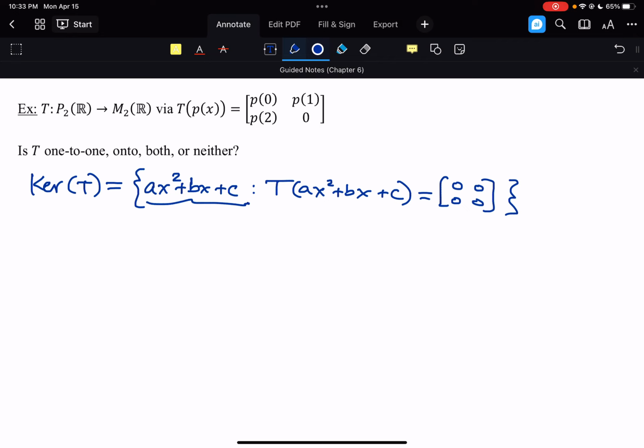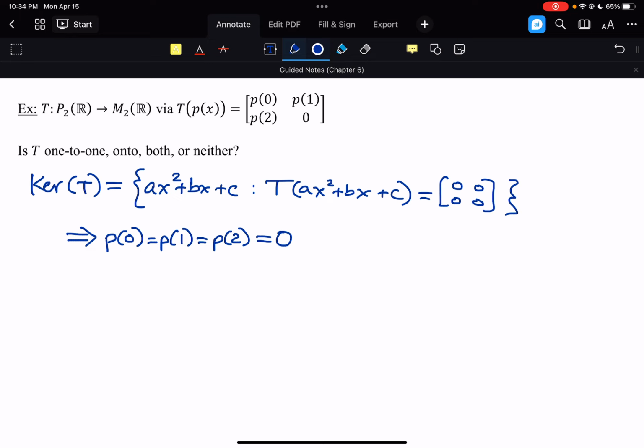If a polynomial transforms into that, it is an element of the kernel. So in order for something to be an element of the kernel, all of these are going to have to be 0. So p of 0, p of 1, and p of 2 are all going to have to be 0.